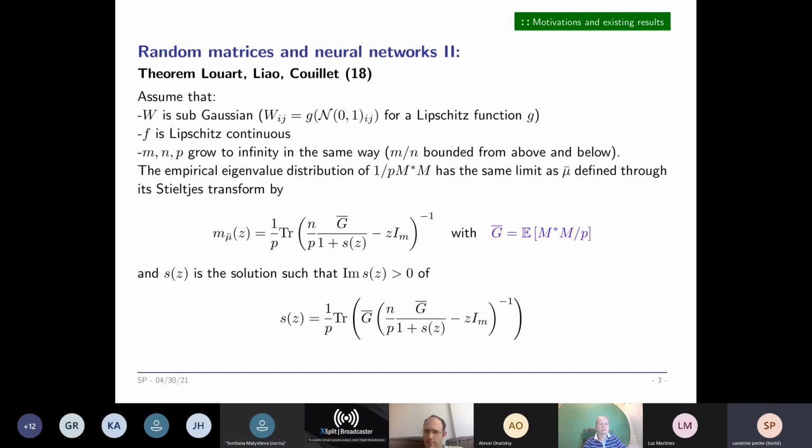And another comment about this complicated equation.